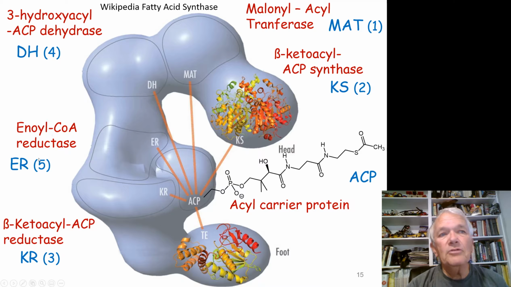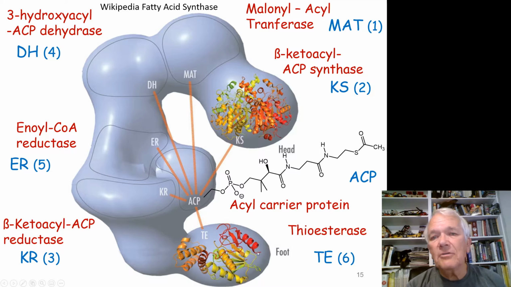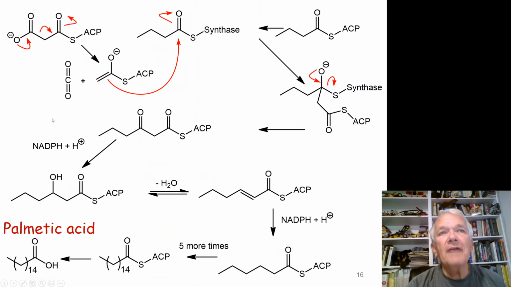We then reduce the double bond. This is the enoyl coenzyme A reductase. This is unit number 5. And then the final unit would be this thioesterase, and this would be used at the very end to convert the final thioester into the free carboxylic acid, so we release everything. So all this machinery works together.